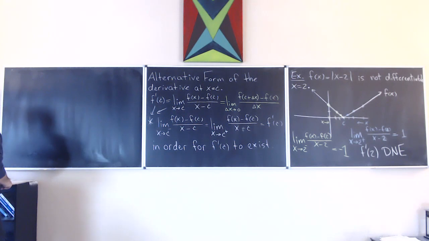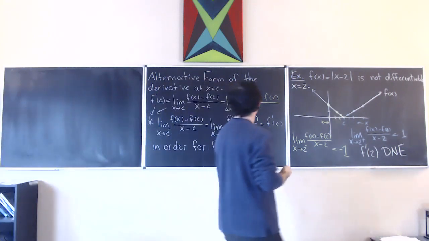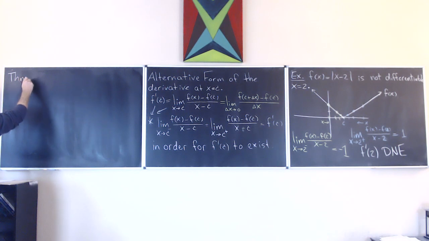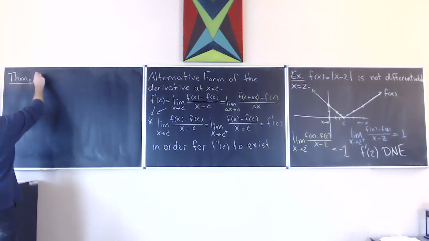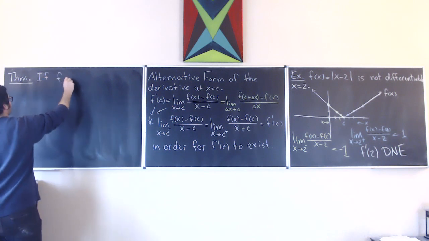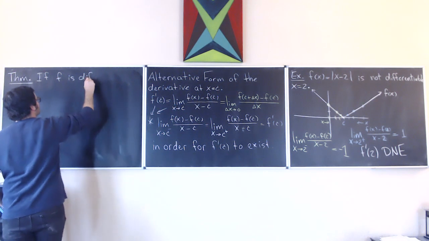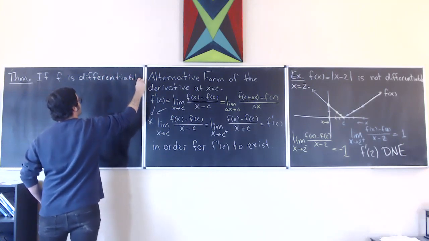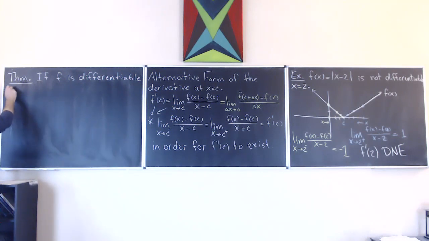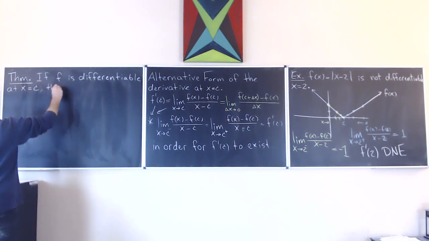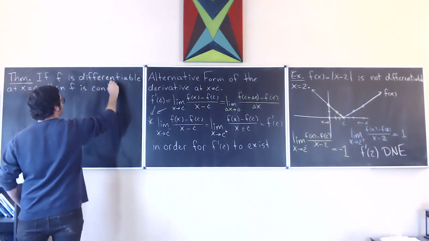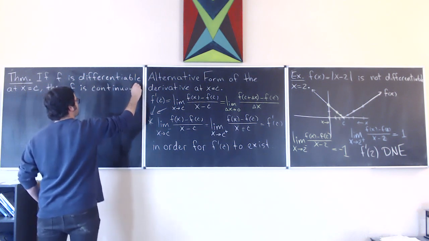Okay, so on to the theorem now. So it says if f is differentiable at x equals c, then f is continuous at x equals c.